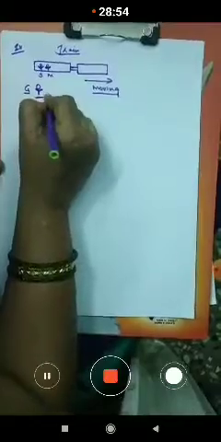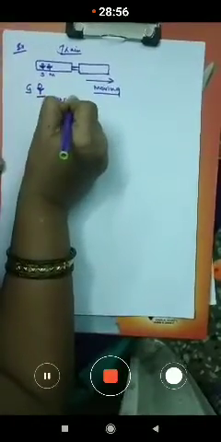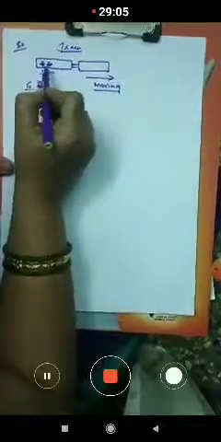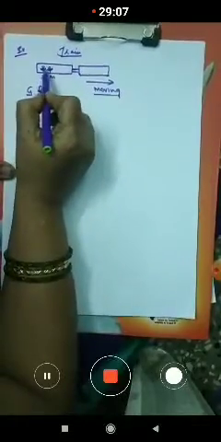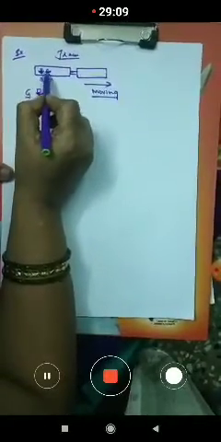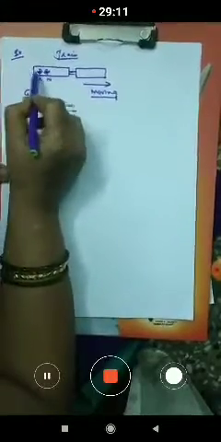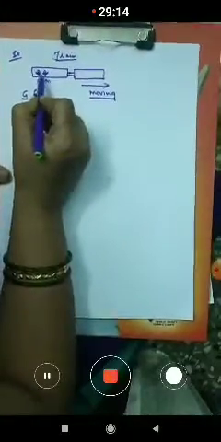Where is this person? He is on the platform. Now the two are sitting at rest. These two people, those who are sitting beside each other, they are in the rest position.